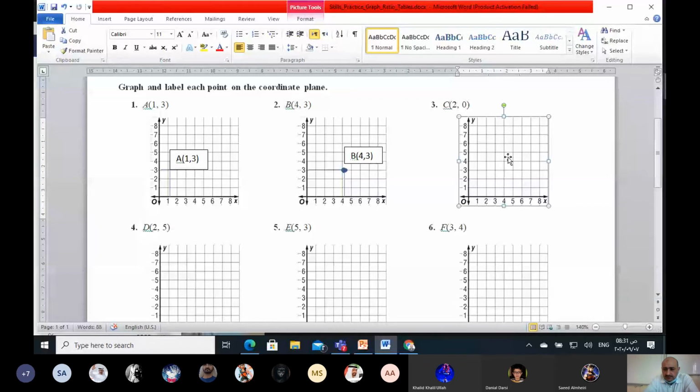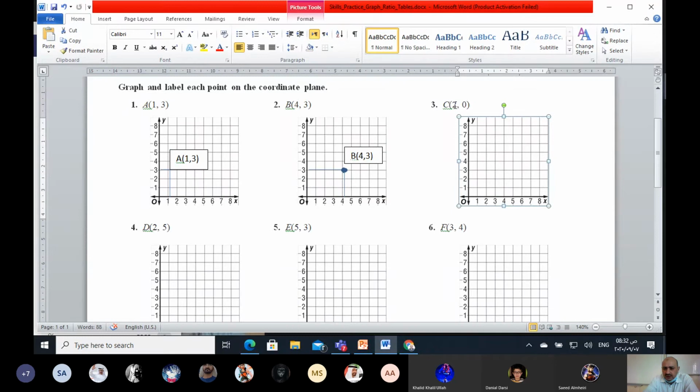Okay, listen to me now. Here we have the coordinate plane. We have the horizontal line x-axis and the vertical line y-axis. Then the intersect point, we have O, the origin, 0, 0. And we want to represent this point, C, 2, 0. What's the meaning of C, 2, 0?